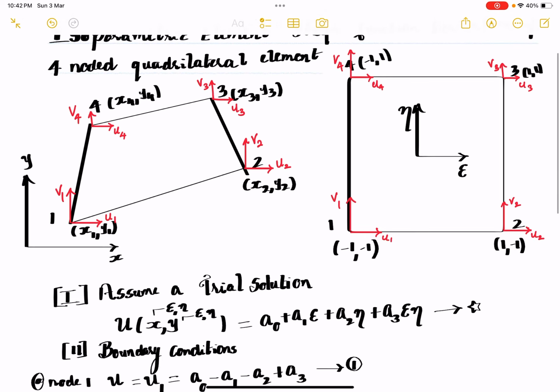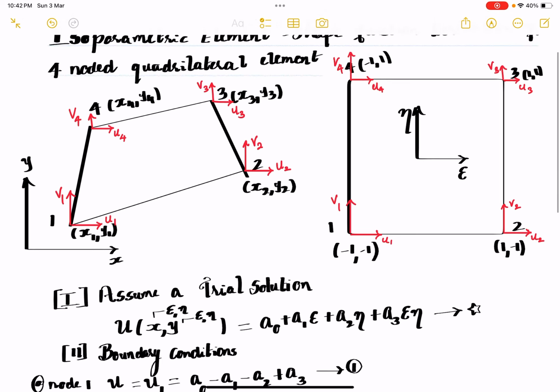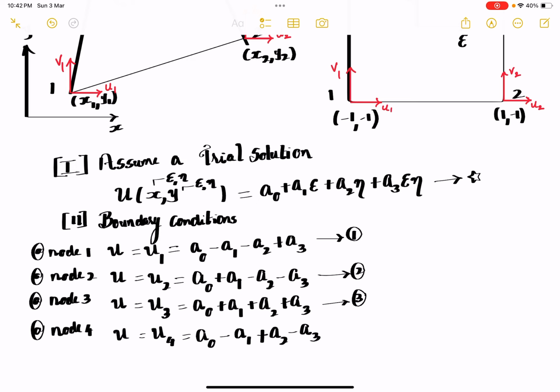Okay, epsilon is -1 and eta is +1, so it should be plus a2, minus a3. All right then. So this is going to be your equation number 4.